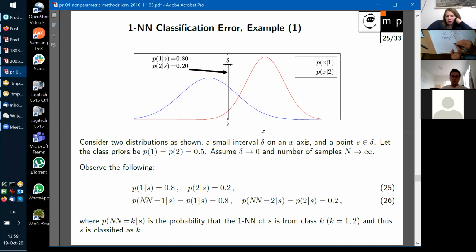The point we are testing is from class 1 or from class 2, and this is the sample, this is what we are classifying. And now we ask what is the nearest neighbor. It can again be from class 1 or class 2. So the correct classifications are 2 and 2, and 1 and 1, and these two cases are actually mistakes. So now let's see how often these two things happen.